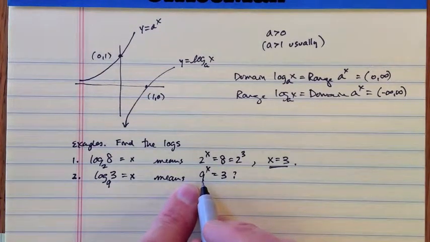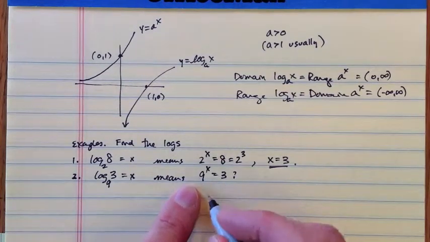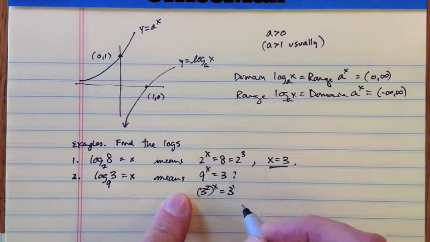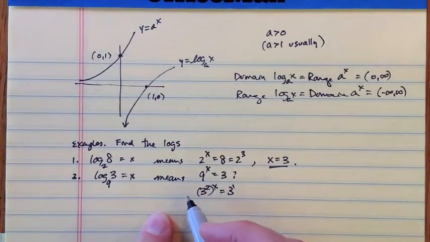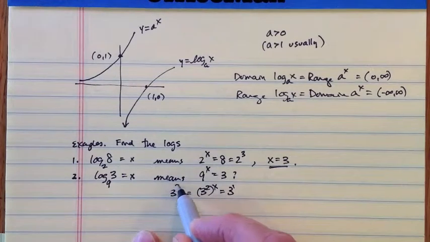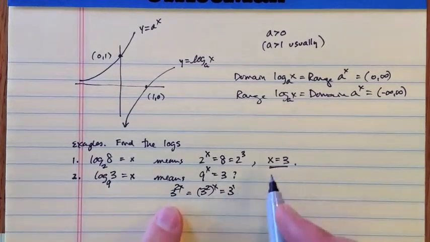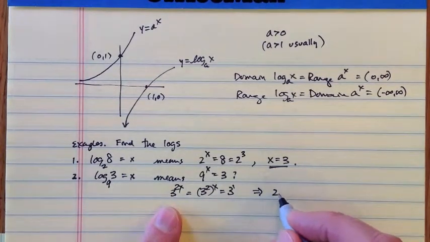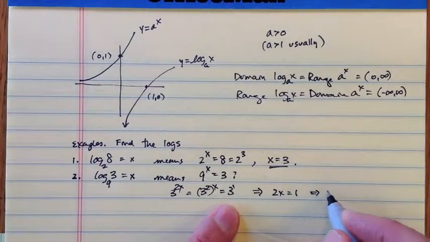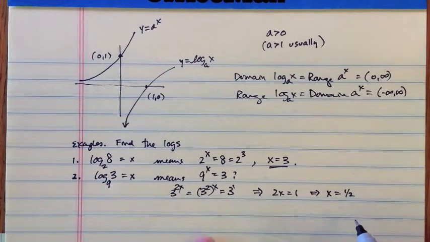This is probably what most people would do. 9 is 3 squared. And this is 3 to the 1. So I'll write this as a power of 3. These exponents multiply. 2x must equal 1, because 3 to the 2x equals 3 to the 1. So sometimes finding logarithms can involve a little head scratching.